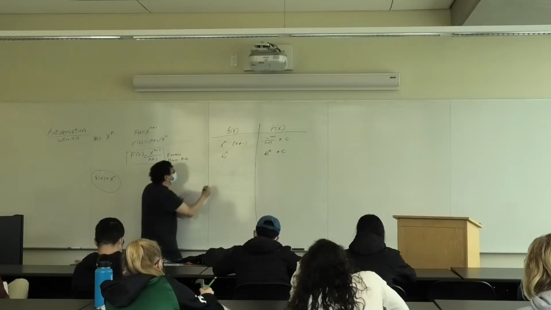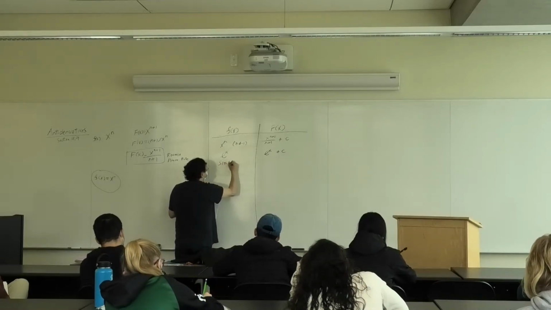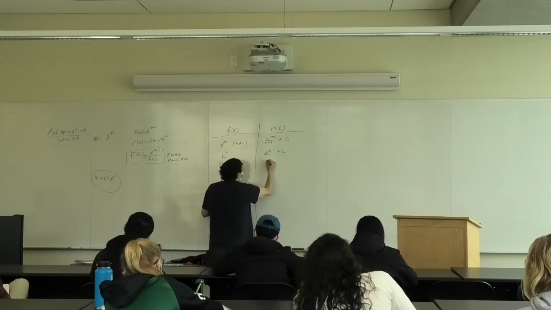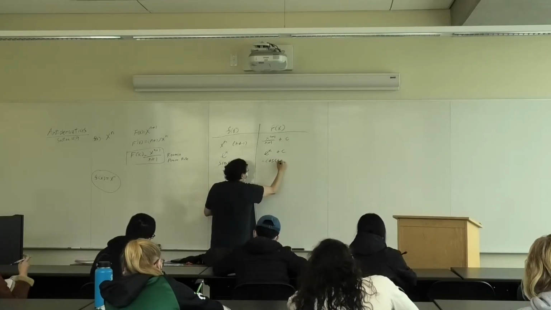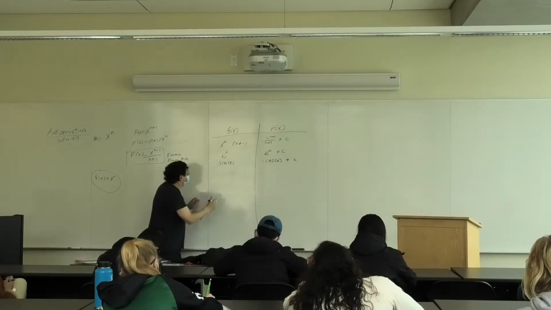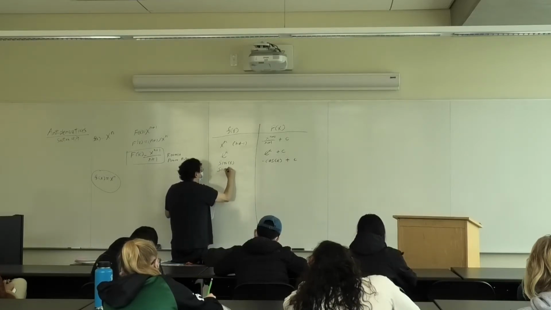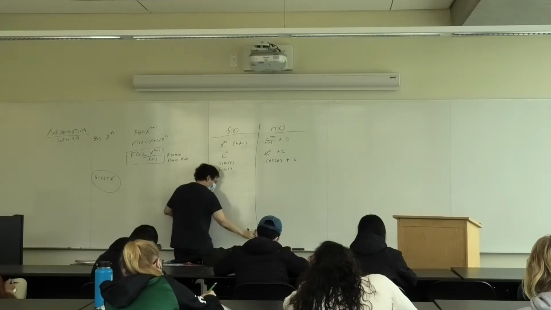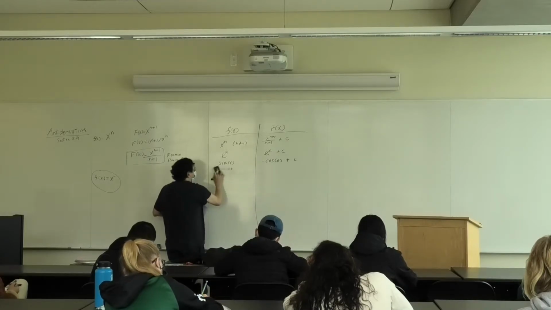I think we already did sine of x. That's negative cosine of x plus c. So we want to fill this out a little. Sine of x, cosine of x.